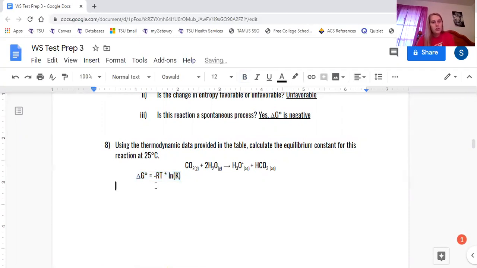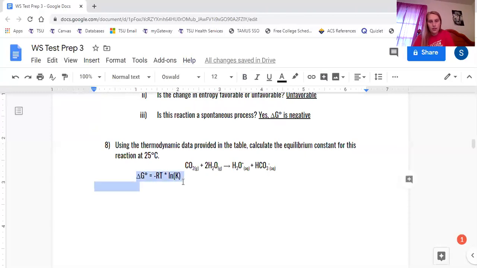Okay. So first off, we need to figure out what we know. We can go ahead and fill in what we do know. We don't know delta G. They didn't give us that. What we do know, we know R, because that is a constant that we always use.